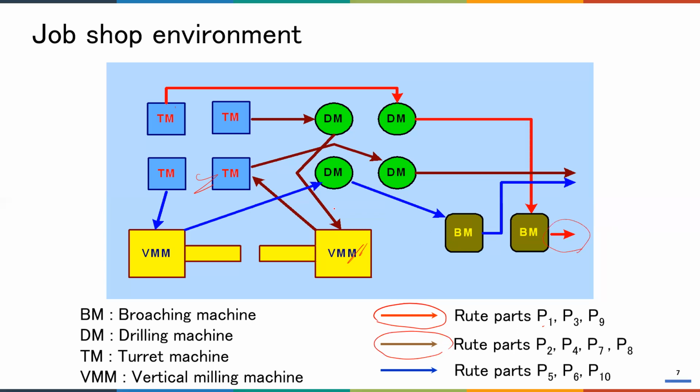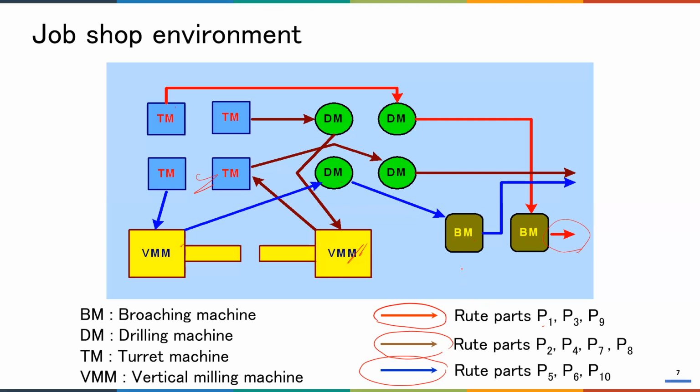As we can see here, it's from TM to DM to the milling, back to TM, and then back to DM before they go out. And the last one is for part 5, part 6, and part 10, where they move from the turret machine to the milling machine, to the drilling machine before going to broaching, and then leave the whole facility.